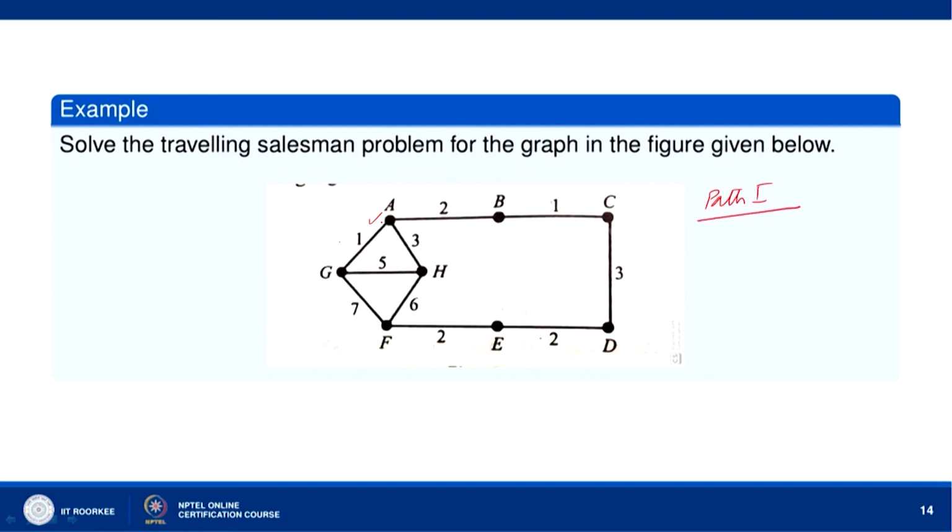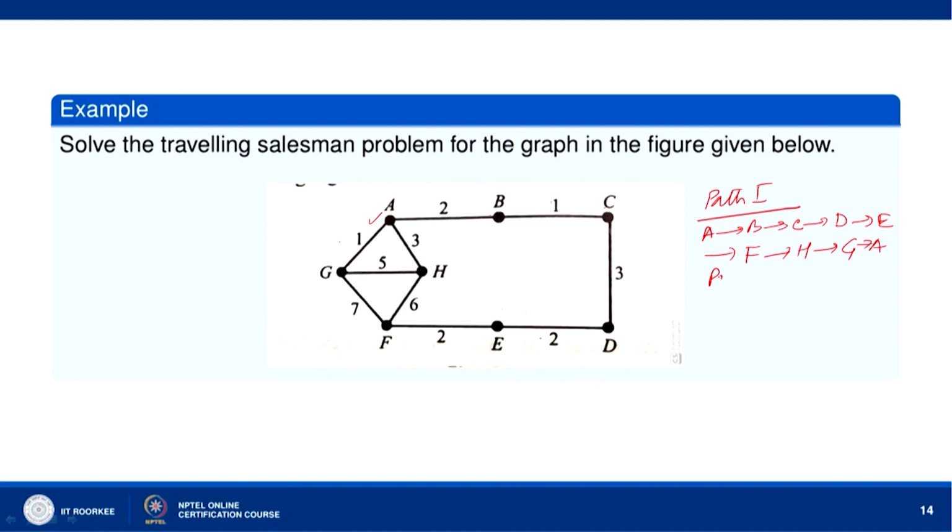Path 1 could be A to B, B to C, C to D, D to E, E to F, F to H, H to G, and G to A. So, we can follow this path.